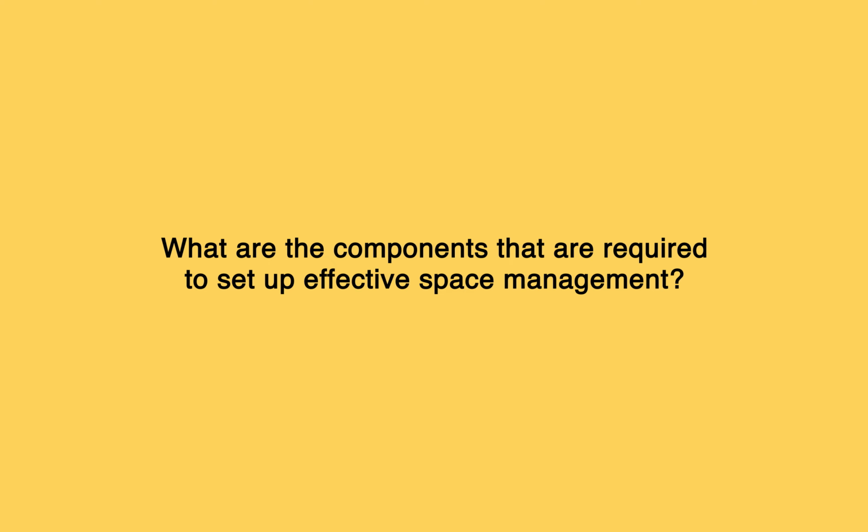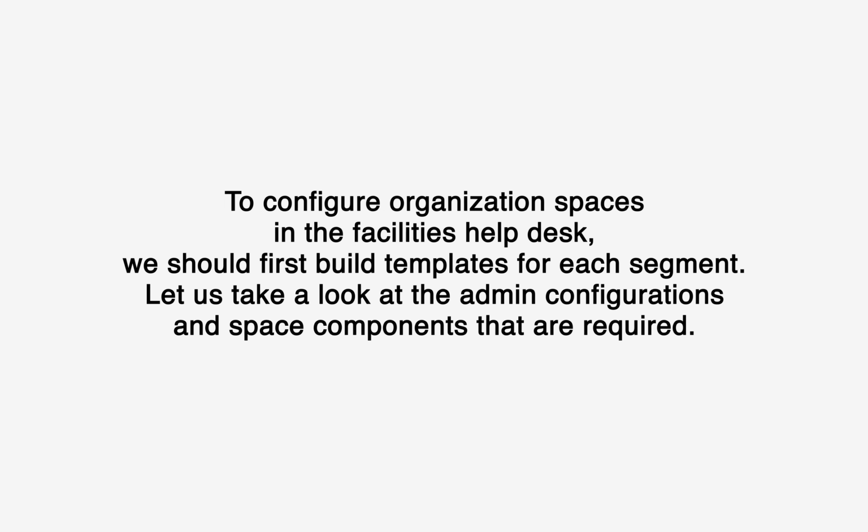What are the components that are required to set up effective space management? To configure organization spaces in the Facilities Help Desk, we should first build templates for each segment. Let us take a look at the admin configurations and space components that are required. Space management templates.